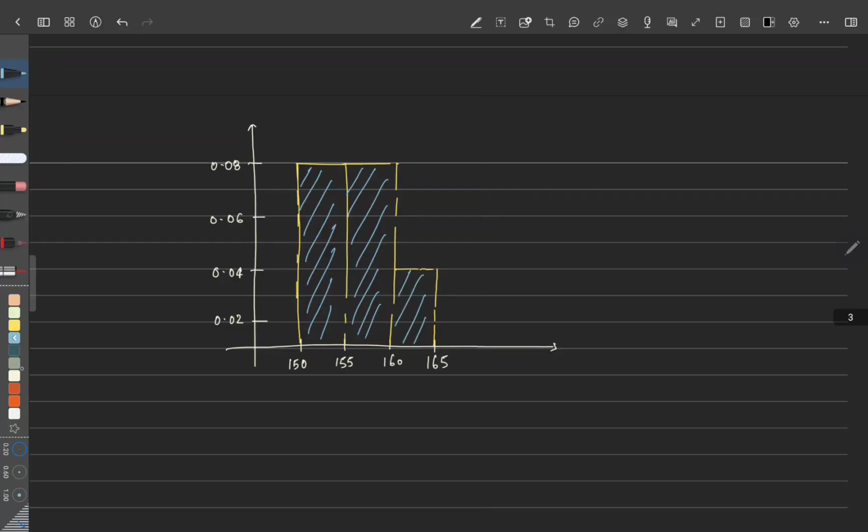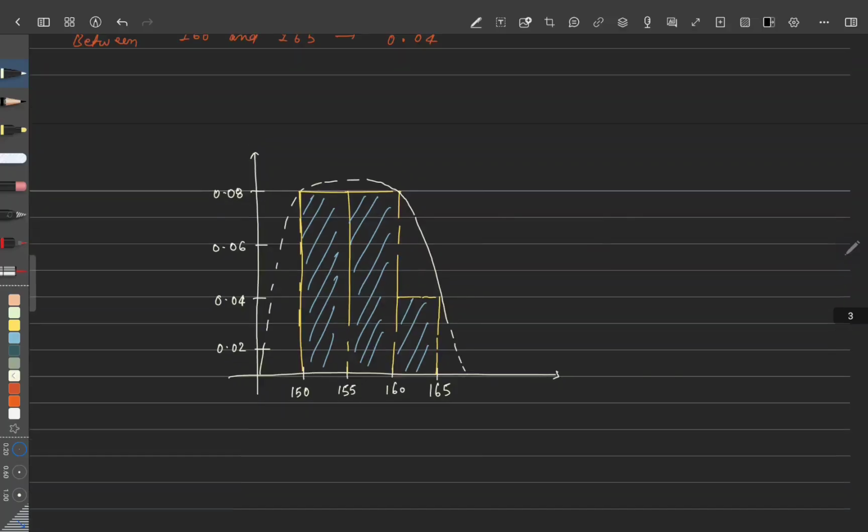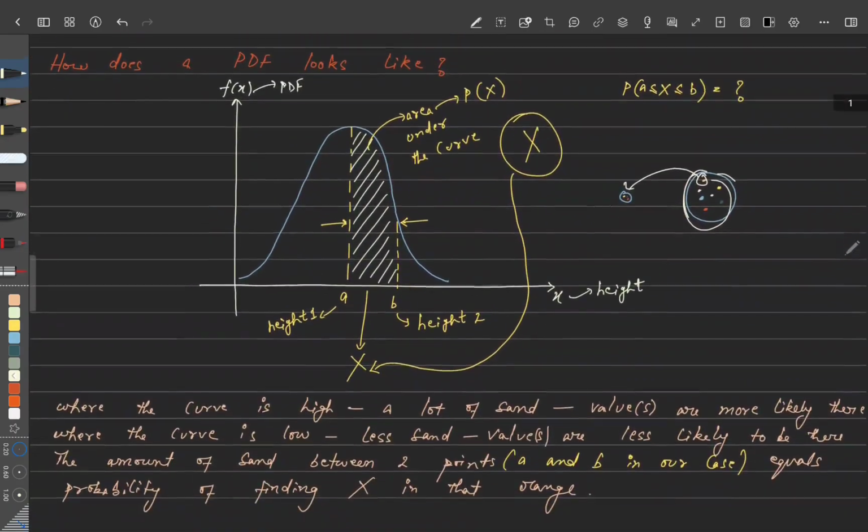Now if we smoothen this to make a curve, this is what it would look like. Let me make it properly. Something like this. This looks like the curve that we drew earlier.